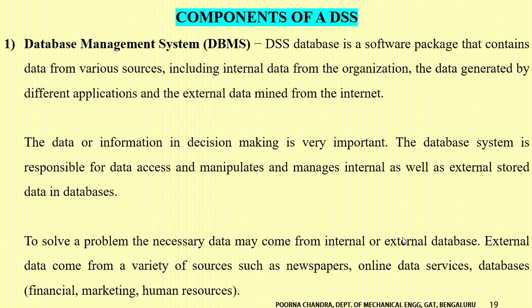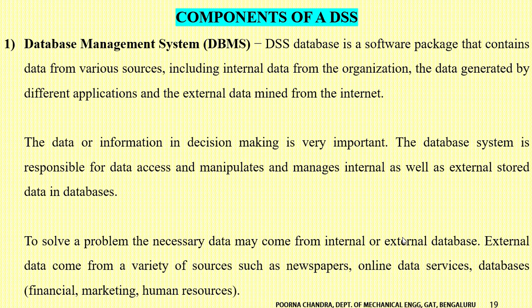We can also collect external data through external sources. The data or information in decision making is very important. To take any decisions, majorly the input data is very, very important.